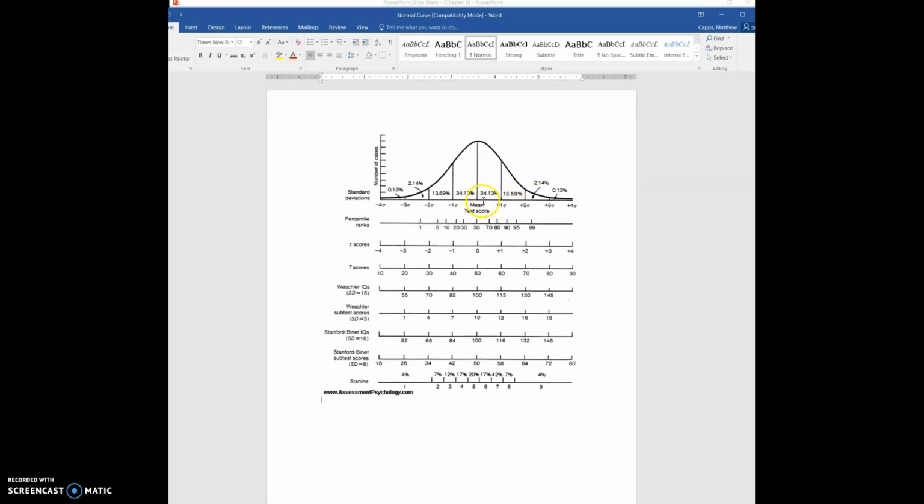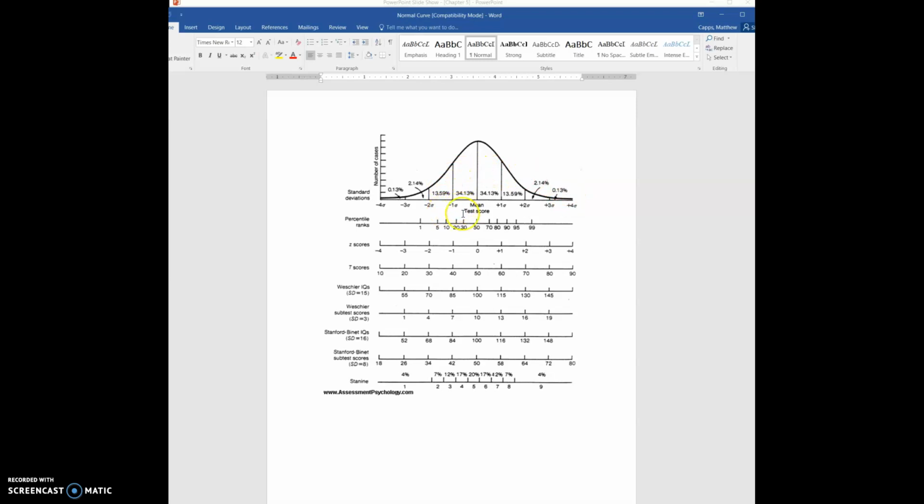So 2 standard deviations above the mean is a score of 130 on IQ. And that would also tell us that only 2.27% of the people in the world have an IQ score higher than 130. Right here is 145. So there's only 0.13% of the population that has an IQ score higher than 145.